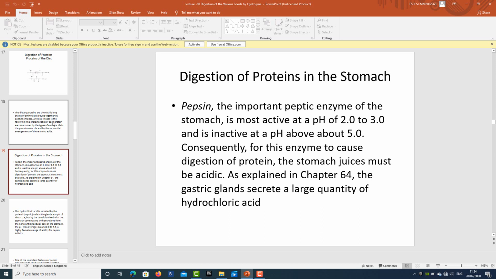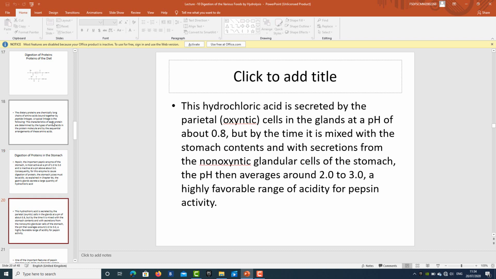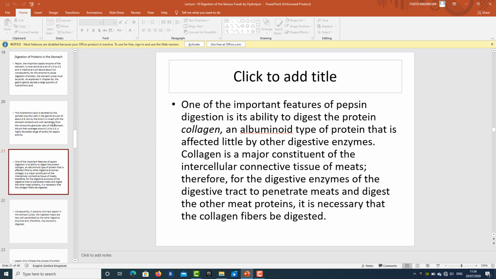Consequently, for this enzyme to cause digestion of protein, the stomach juices must be acidic. The HCl secreted by the parietal cells is at a pH of about 0.8, but by the time it is mixed with the stomach contents and with secretions from the non-oxyntic glandular cells, the pH becomes 2 to 3, which is a highly favorable range for pepsin activity.